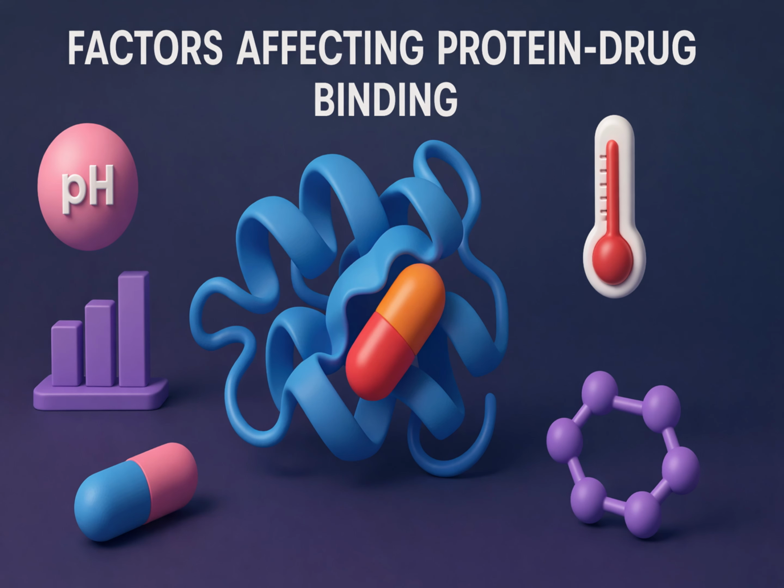So let's discuss different factors affecting protein drug binding. In our previous lecture, we have already read different biopharmaceutical factors which affect gastrointestinal absorption of drug. Now we'll discuss different factors which affect protein drug binding, or ultimately affect the drug distribution, because protein drug binding will ultimately impact the overall distribution.